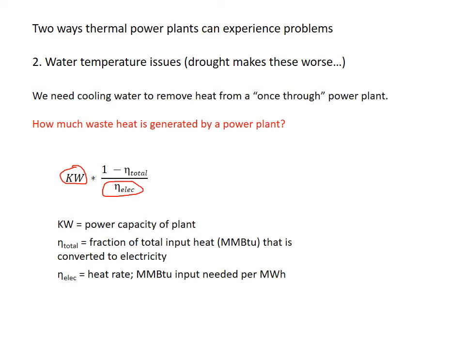And then once we've converted this amount of electricity that we're producing to an amount of fuel that's needed, or heat content of fuel, then we can figure out how much of that energy is converted to electricity, and how much of it is just wasted. And so that's what this N total variable is. So this tells you how much of that total heat input, how much of the total heat or energy that's included in the natural gas.